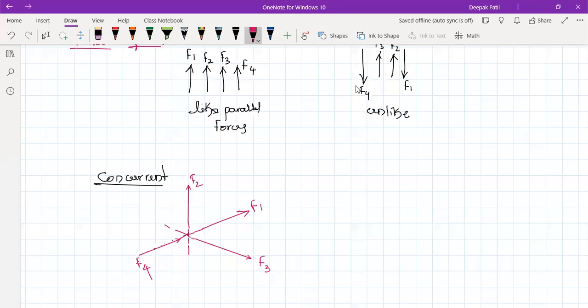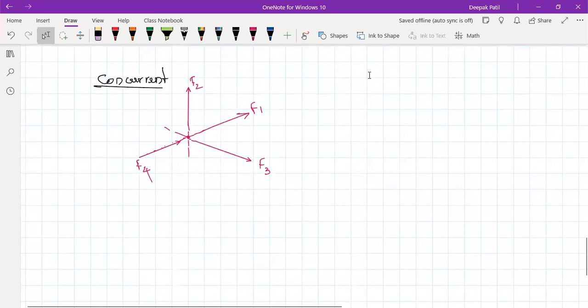Can you see that the line of action of each and every force is passing through a common point? Yes or no? Yes, sir. Now this kind of force system is called a concurrent force system. Clear?